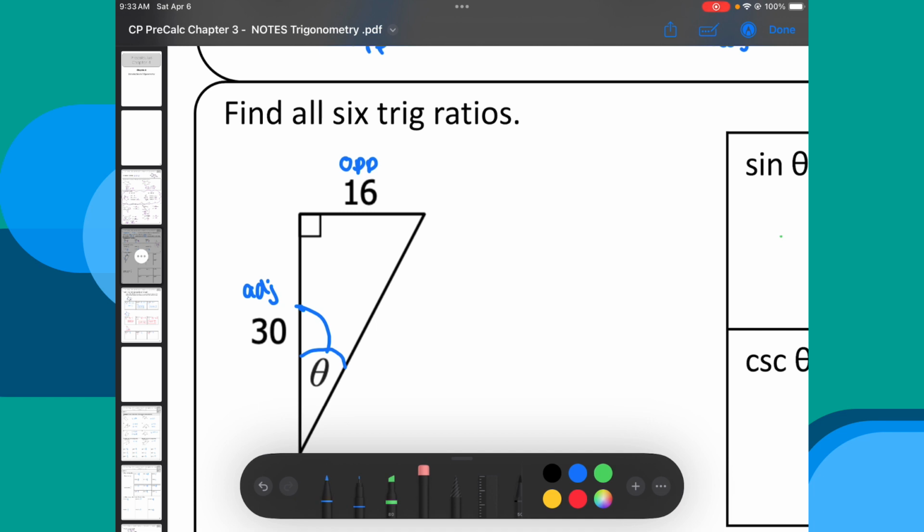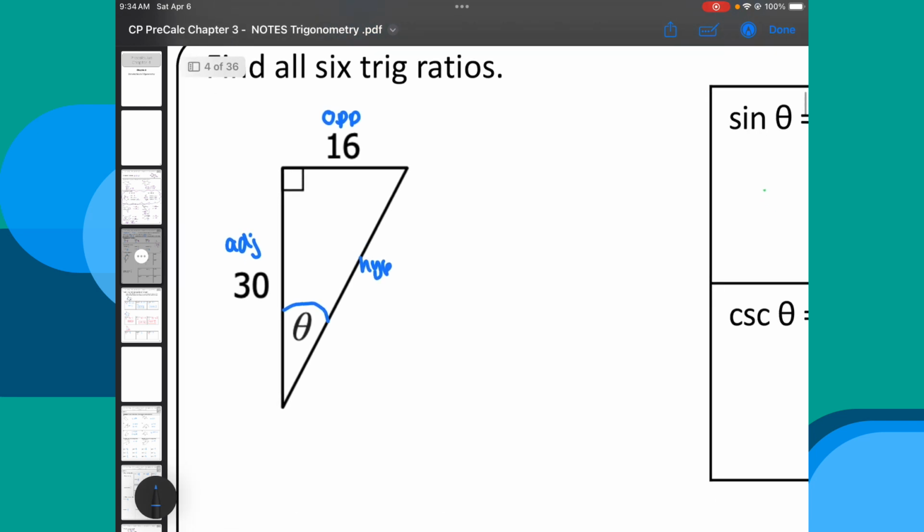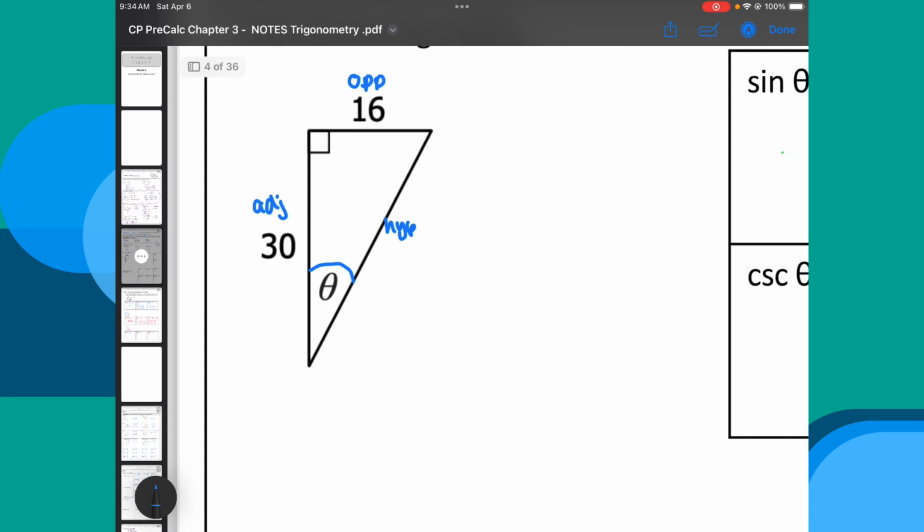And then the side that is across from 90 degrees is going to be our hypotenuse. Now you notice here that we only have two of the side lengths. We don't know the hypotenuse. But thankfully we have the Pythagorean theorem. And Pythagorean theorem can be used anytime to find any leg or hypotenuse of a triangle as long as we know two other sides. So if we do a little calculation, we can find out that the hypotenuse is 34.